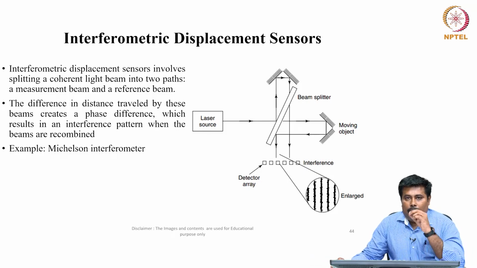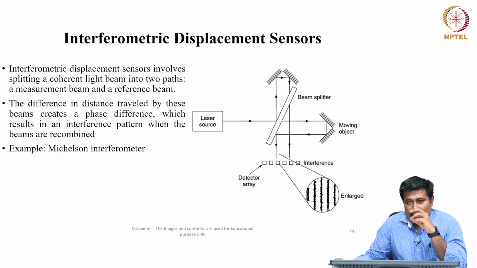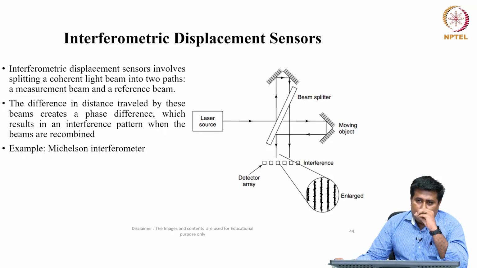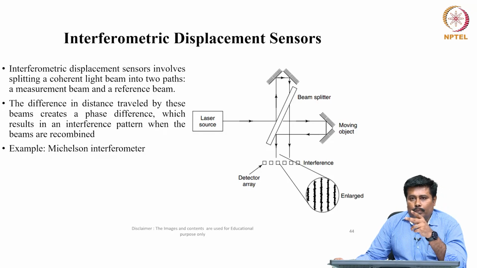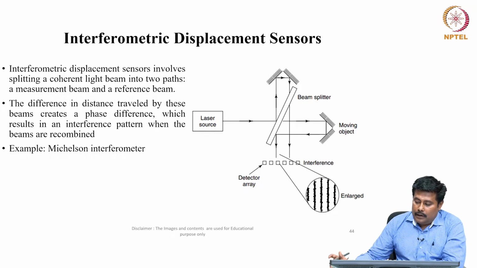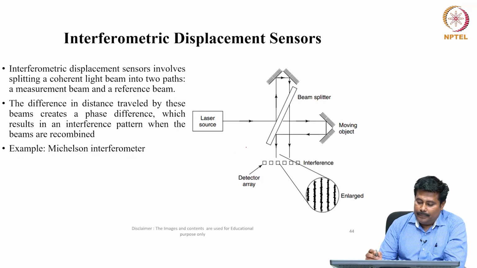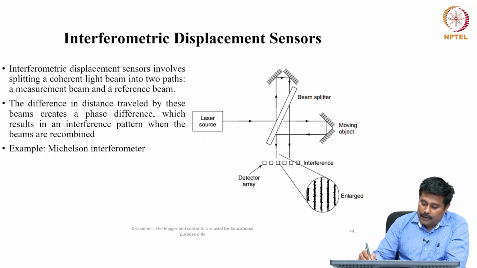This interferometer based displacement sensor is quite an interesting technique where we split the beam of light into two, and then use the superposition principle to create the interference. If we look into the overall configuration of this interference based sensor, it has a laser source, then a beam splitter, then a moving object, and the interference is collected by a detector array.